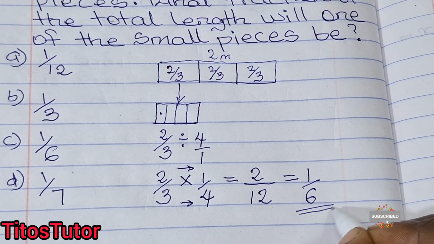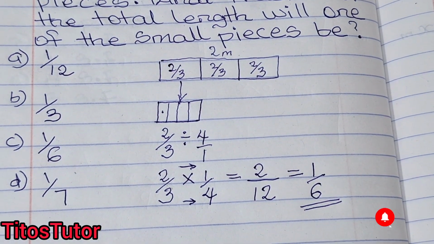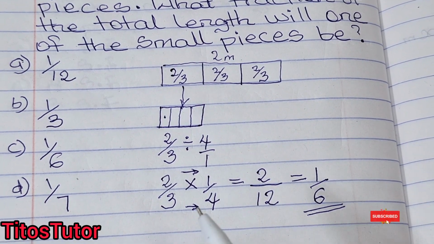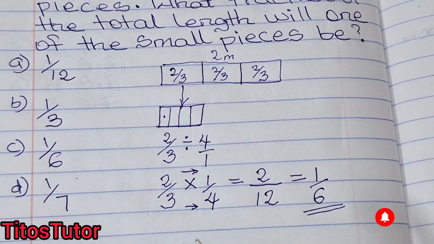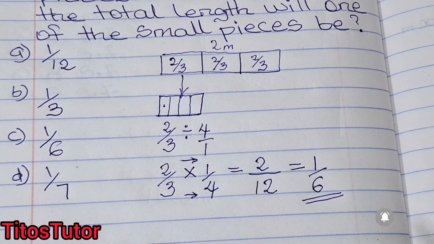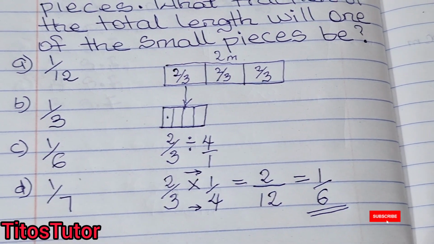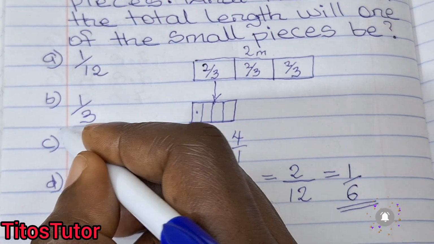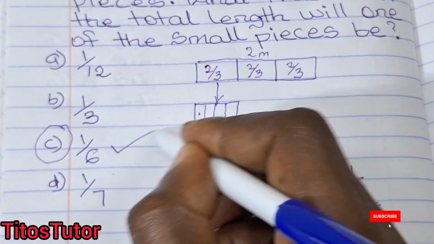The fraction of the new small piece is 1/6. So you go to the options and check which one is 1/6, and your answer is C.